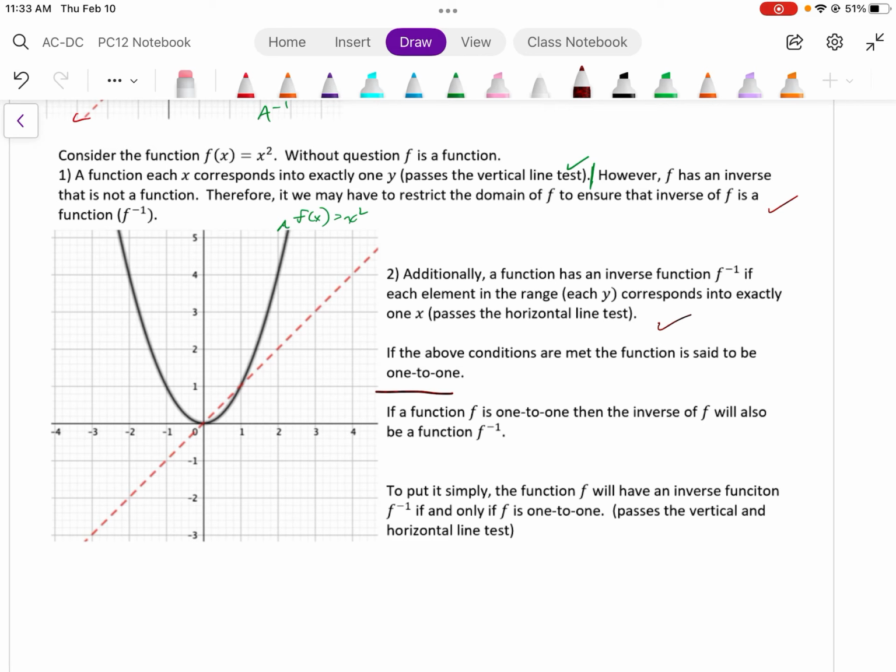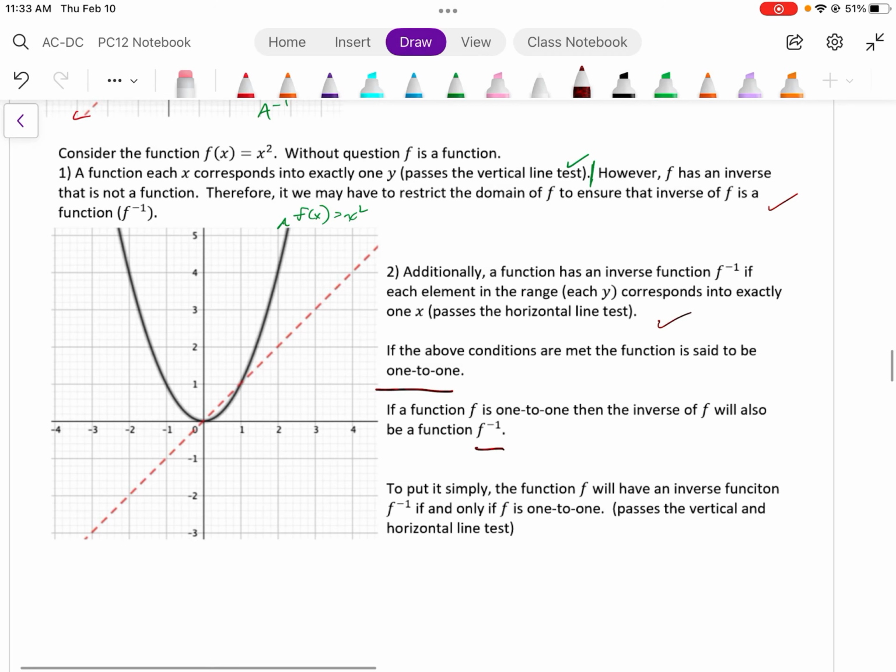That is, each x maps into only one y, and each y maps back into only one x. This is a one-to-one function. If a function f is one-to-one, then the inverse of f will also be a function, and we'll call it f inverse.